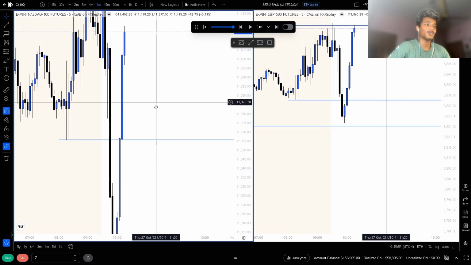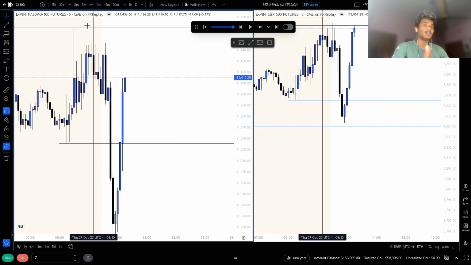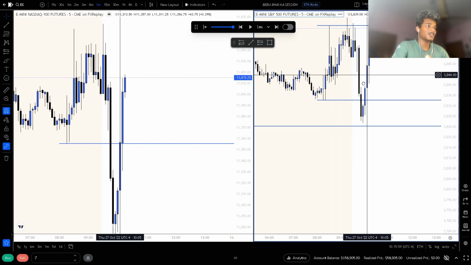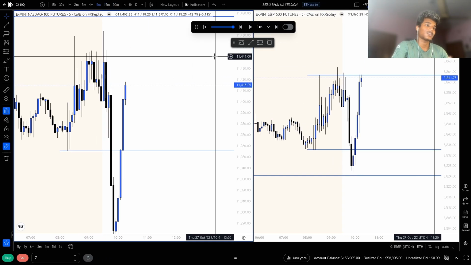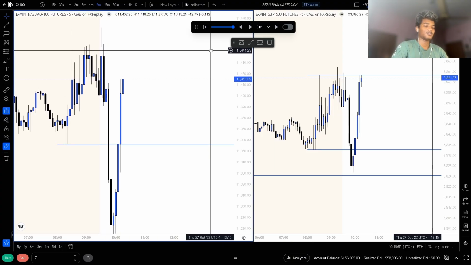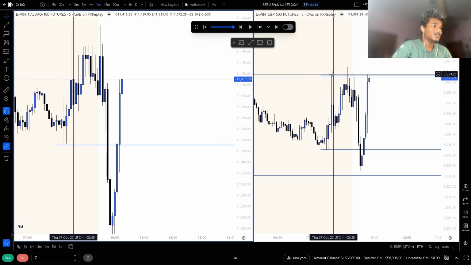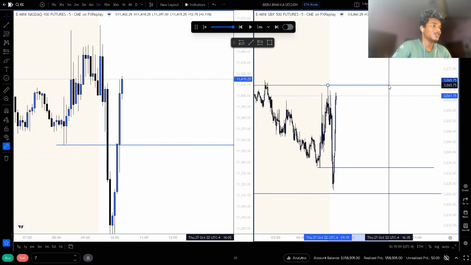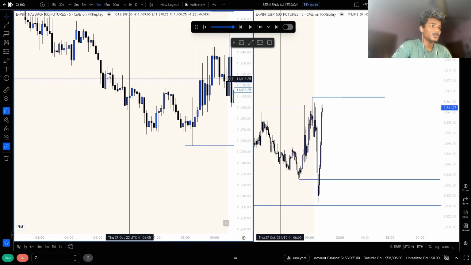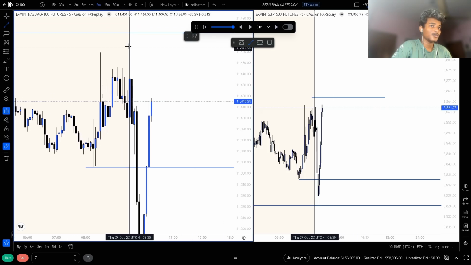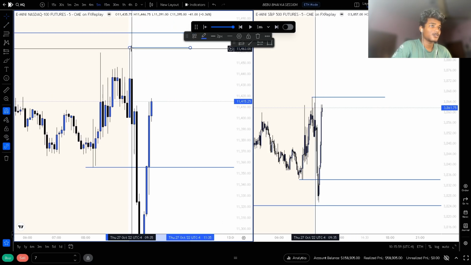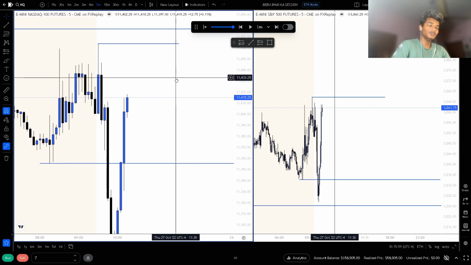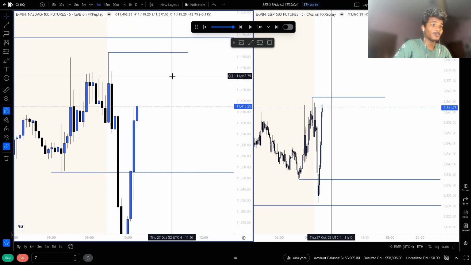What the heck, bro? I mean, what is this shit? So we get a very nice V-shape inversion and nothing, bro. Absolutely nothing. But this draw above us. Let me mark this on ES as well. We have this draw above us. And ES has already taken it out, but NQ has not.